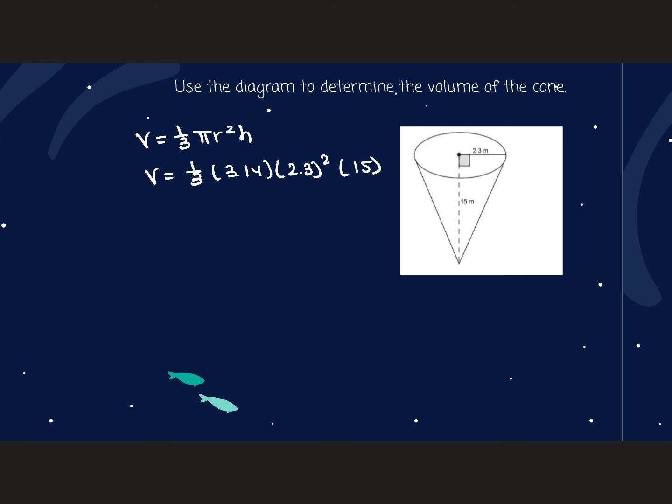Again, we're going to multiply this together, and again, just as a reminder, pay attention to whether they give us the radius or the diameter. Once we multiply this together, we get the volume of 83.05, and we're going to put meters cubed, because we're working with volume.